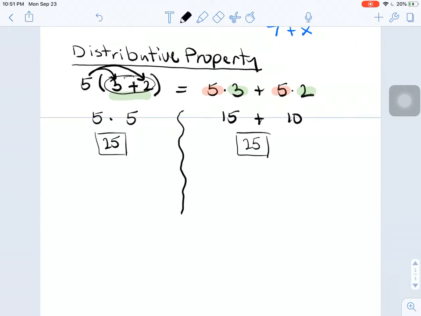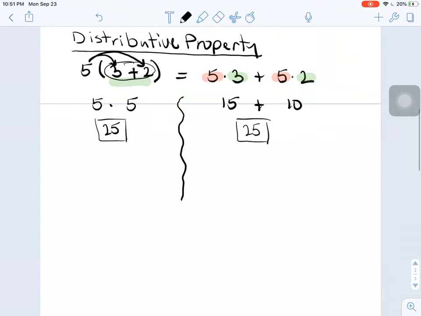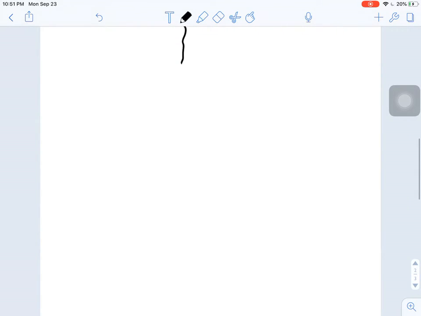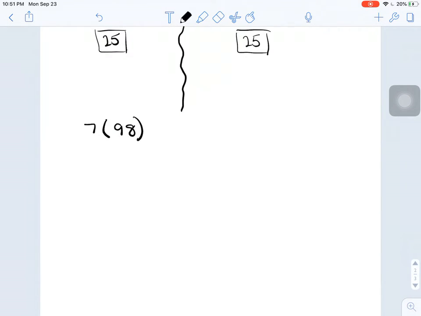Distributive property can be really convenient when you're trying to do mental math. So, for example, if I gave you a problem like 7 times 98, if I asked you what is 7 times 98, that would have a lot of you reaching for your calculators.